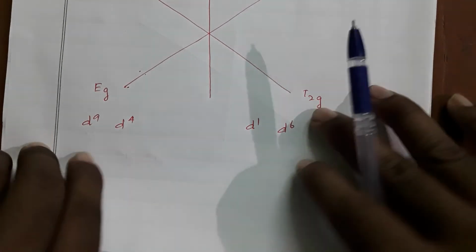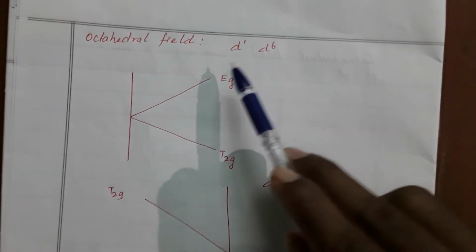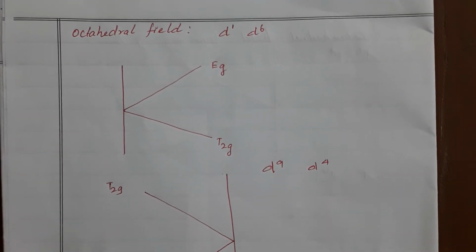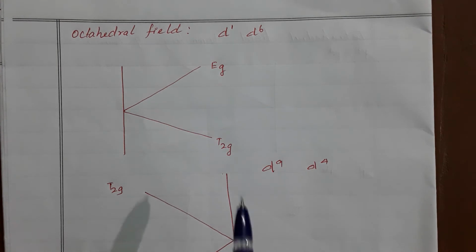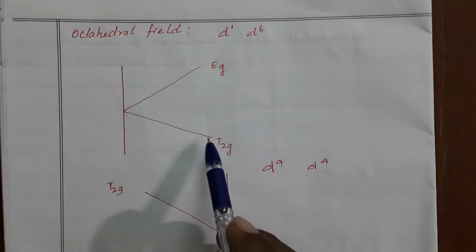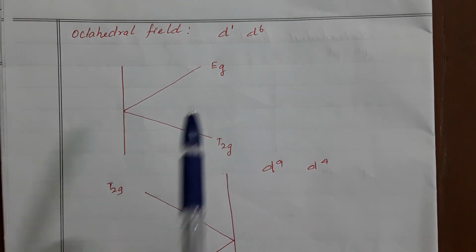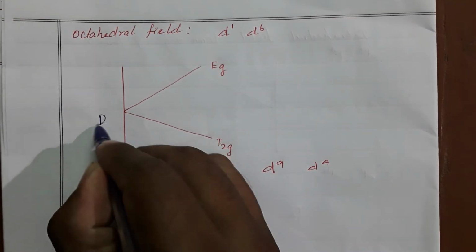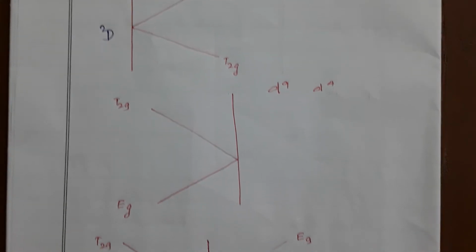Let's see the octahedral case. This one is for the d1 and d6 configurations in the octahedral field only. So T2g, Eg, because here we have only one transition from T2g to Eg. This is for d1 and d6, because d1 and d6 have D2.